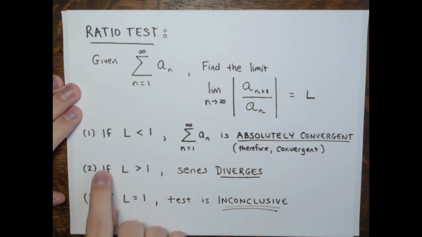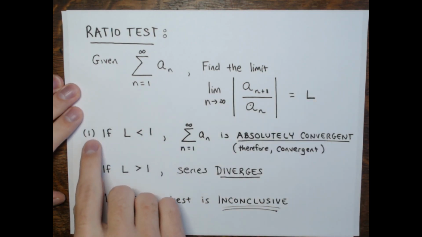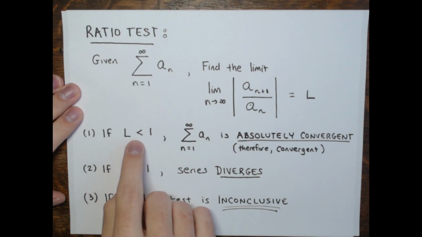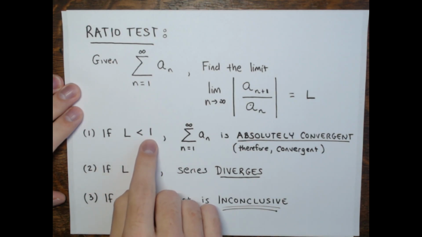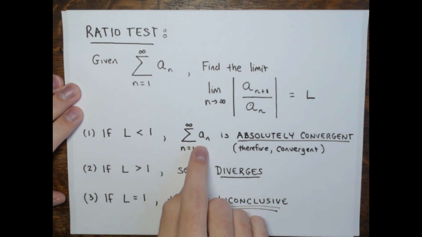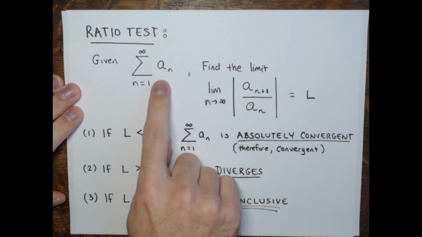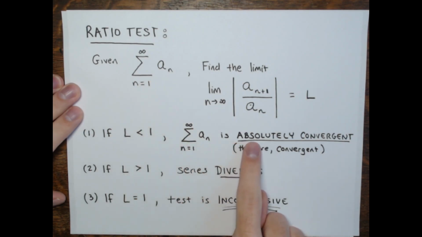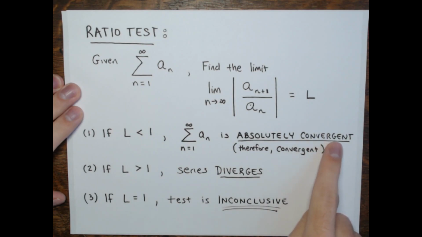Now, three things could happen. If this limit is less than 1, then the series we were given will be absolutely convergent, and therefore the original series we were given is convergent.